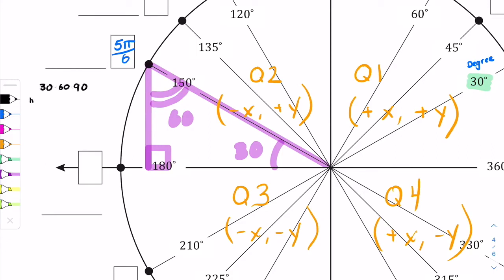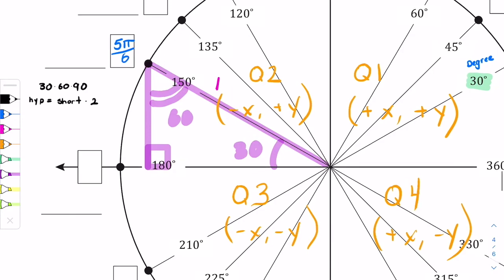I'm going to start with the fact that we know the hypotenuse is 1. Remember, we know that this length is always 1. So you're going to start with the hypotenuse. Hypotenuse is equal to the short leg times 2. And the short leg is across from the 30-degree angle. This short leg corresponds to the height on the y-axis.